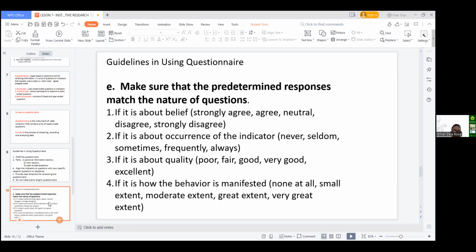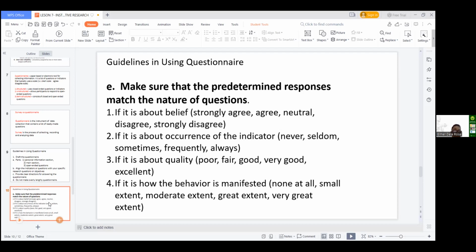Although pare-parehas naman yan na 1 to 5, it's awkward to use poor, fair, good, very good, excellent if you are talking about belief. Halimbawa, nakalagay, number 1, I think I am enjoying my math class. Alam naman, poor ang ilagay niya, kung hindi siya sumasang-ayon. Anong pinupur niya doon, di ba? Poor siya doon sa belief na yon. So, hindi na siya consistent.